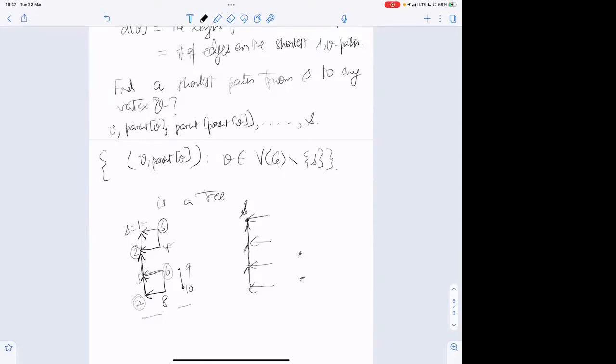Moreover, the edges that got left out, what is their structure? Let me draw them as dotted edges. These are the edges which are left out, correct?